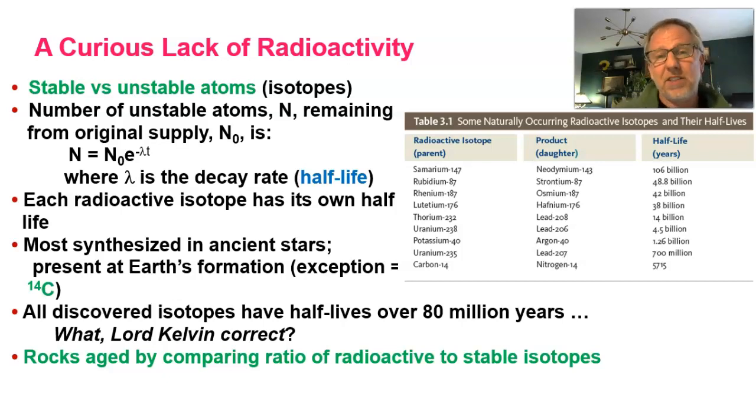So what this tells us is those radioactive isotopes have all disappeared. The Earth and the universe are too old for those isotopes to still exist. That is consistent with the long, old ages of the Earth and the universe in general: the fact that isotopes with shorter half-lives do not exist anymore.